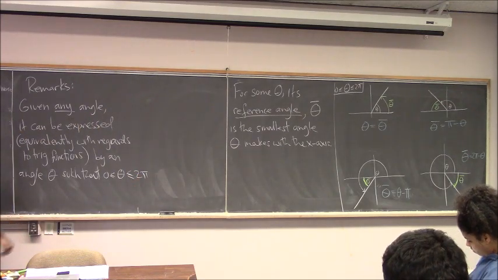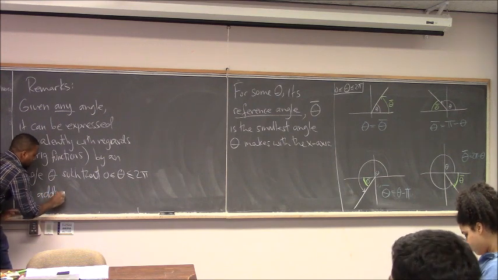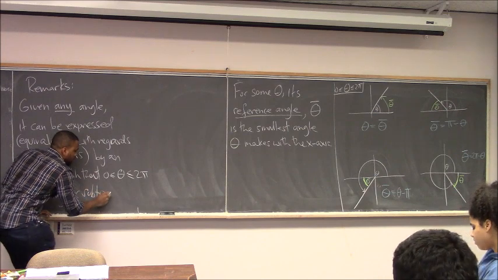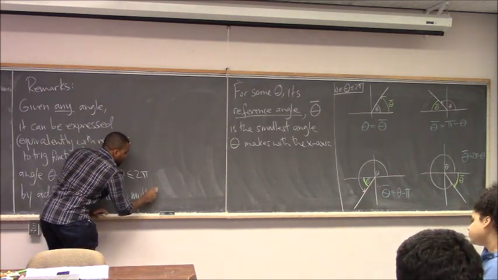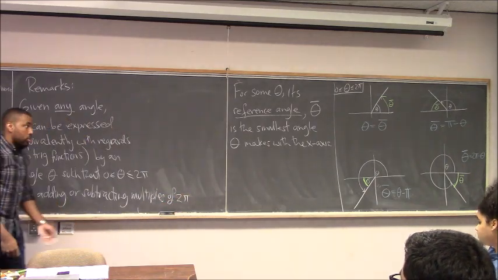And how would you do that? By adding or subtracting multiples of 2 pi. That's the first important remark.